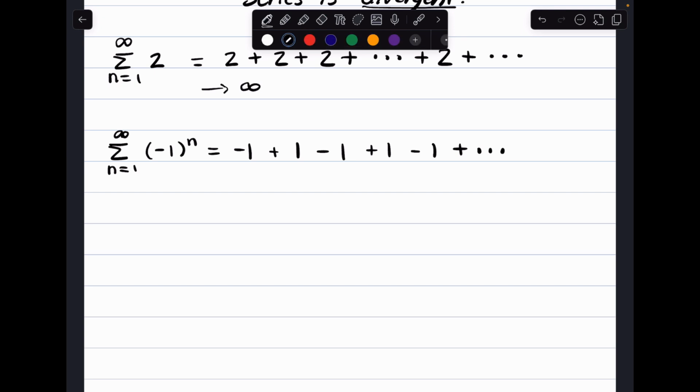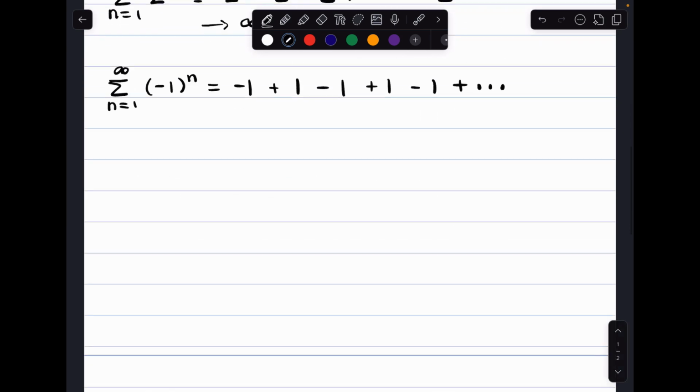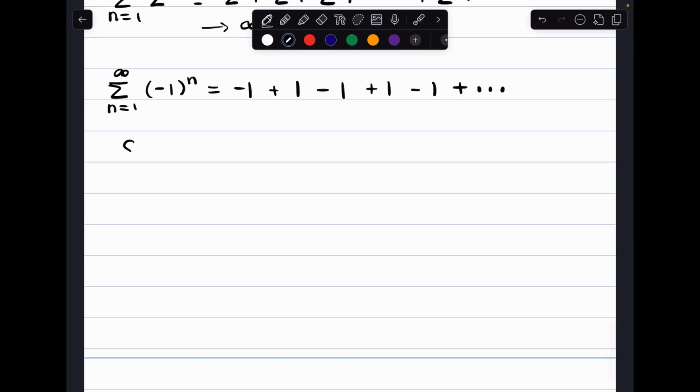When I say the sequence of partial sums, I'm going to define S_n to be a sub 1 plus, and I'm just going to add up to a sub n. That's going to be my partial sums. And I'm going to look at what happens to the sequence of my partial sums. So I'll write out S1 is equal to negative 1.